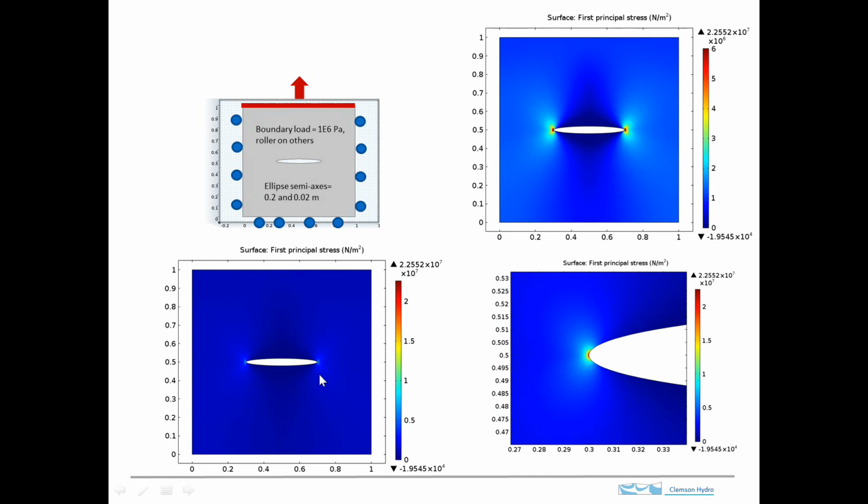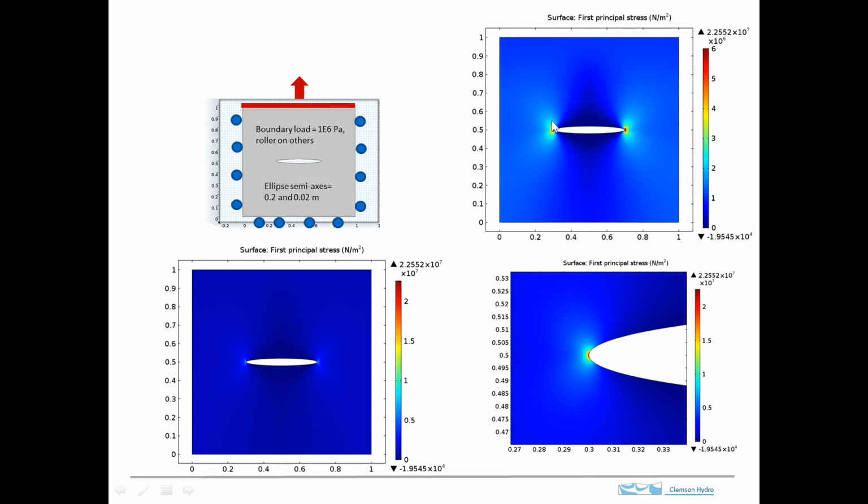And we can see the pattern of the stresses a little bit better if we change the scale. So all of these are the same plot, and I just changed the scale on the plot here, and you can see now that there's something happening here at the tip of this ellipse. There are some high values right here at the tip, and we have two lobes of stresses coming off of the tip.